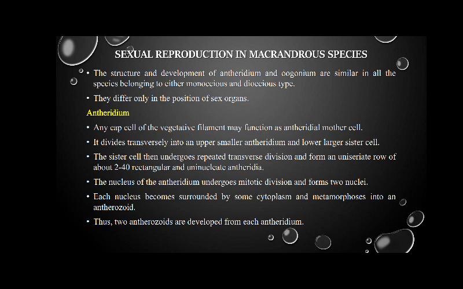So, any cap cell can function as an androgonial mother cell. It transversely divides into an upper smaller androgonium and a lower larger sister cell. The sister cell again undergoes 2 to 40 divisions to form uniseriate androgonia, and each androgonium undergoes mitotic division to form 2 nuclei, and each nucleus becomes surrounded and metamorphosed to become an androzoid.